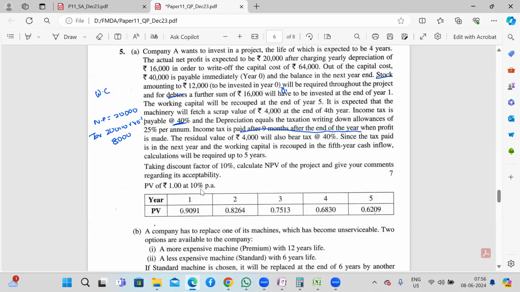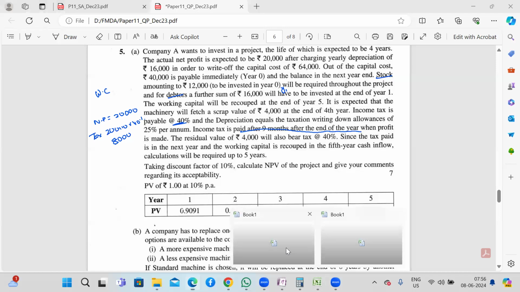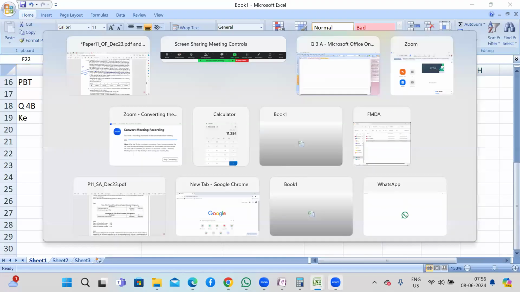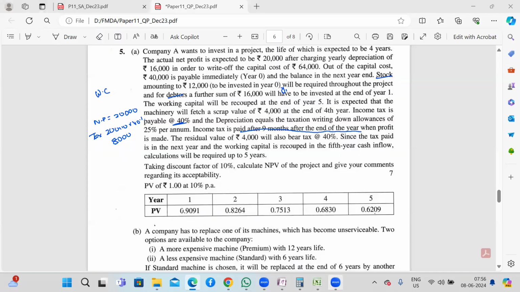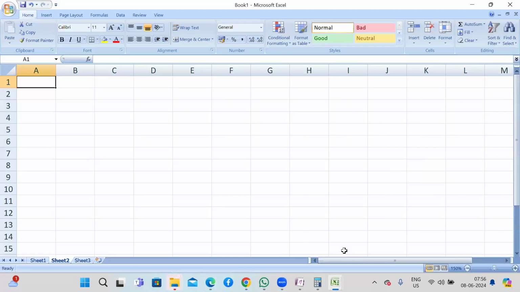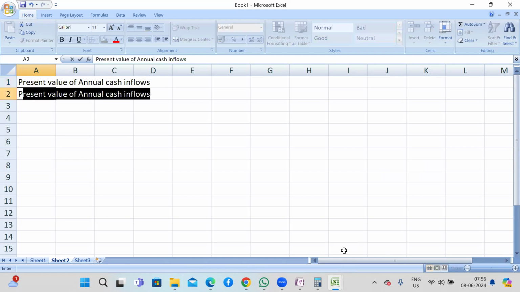So they have given the present value factor at 10%. So now we are going to calculate present value of annual cash flows first, that is cash inflows first. So PBT, profit before tax, we have tax.